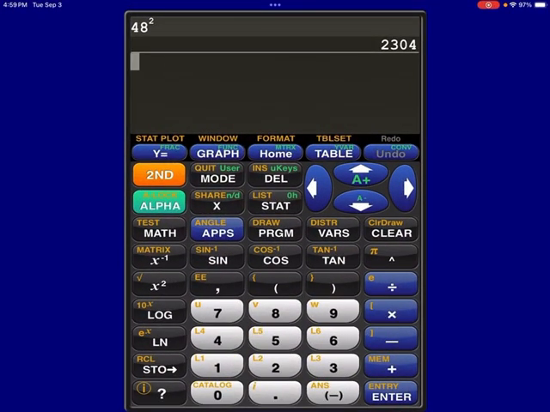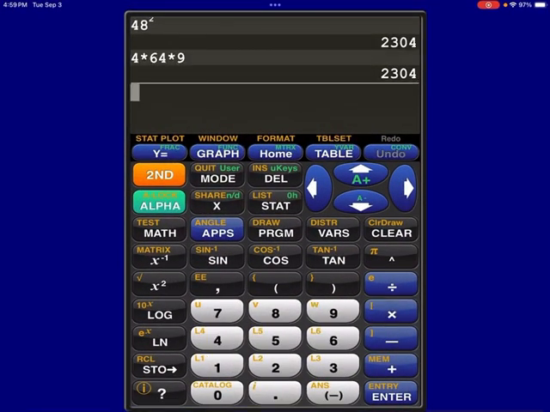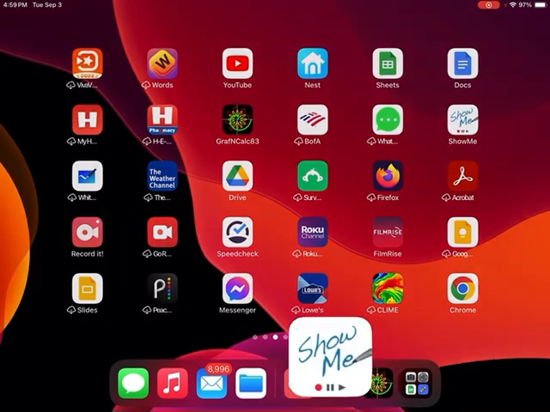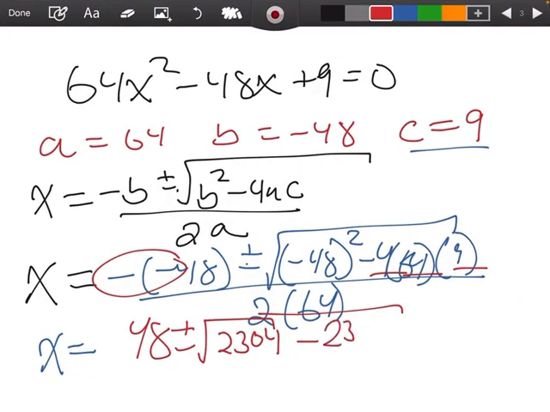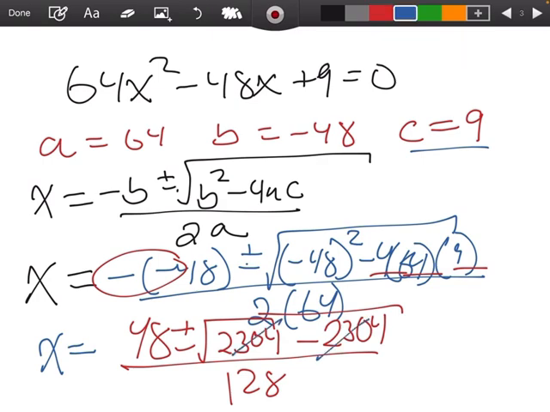Let's see. 4 times 64 times 9. Whoa. Also 2304. All over 2 times 64, which should be 128. Now, 2304 and 2304 are going to cancel each other out. So we're going to end up with 48 plus or minus the square root of 0 over 128.